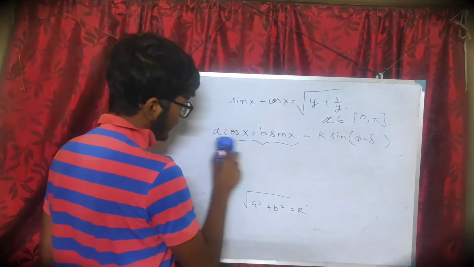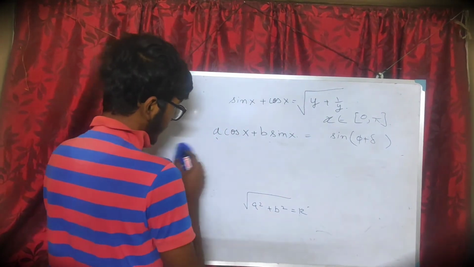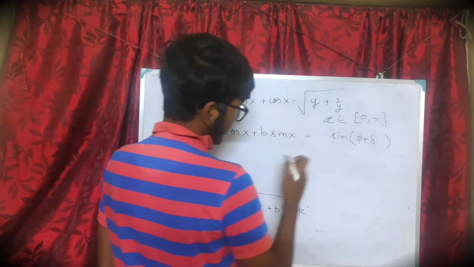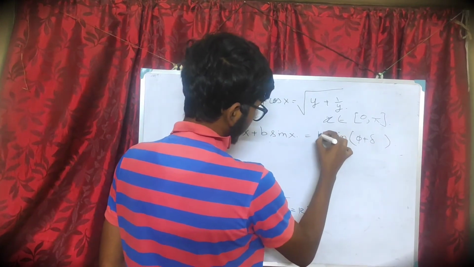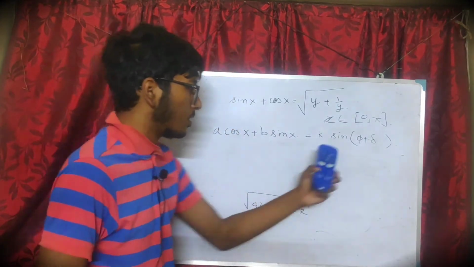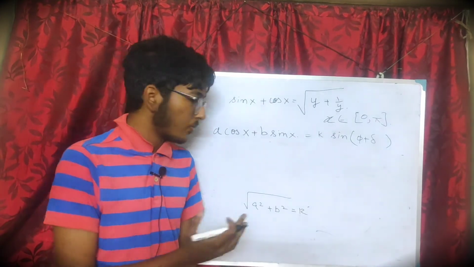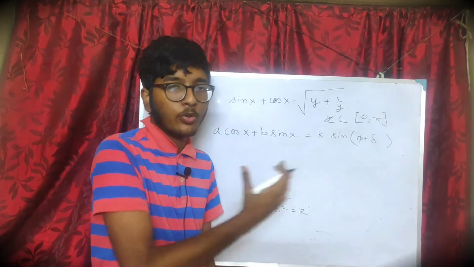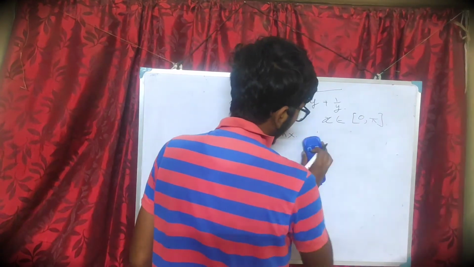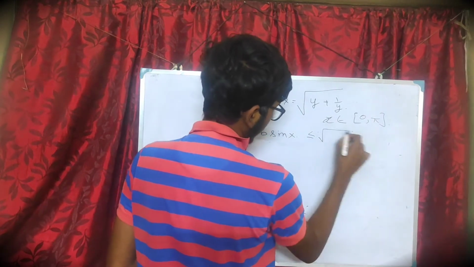So if we replace k here, this whole term would be sine of something, between minus 1 and plus 1, so k sin something would be between plus k and minus k, and k is essentially root under a square plus b square.